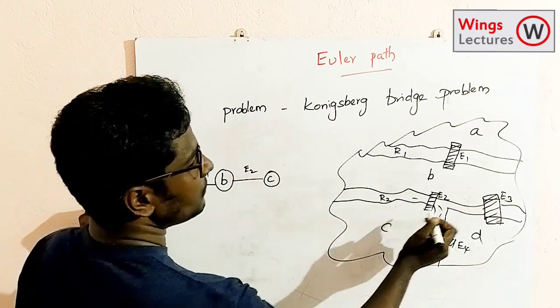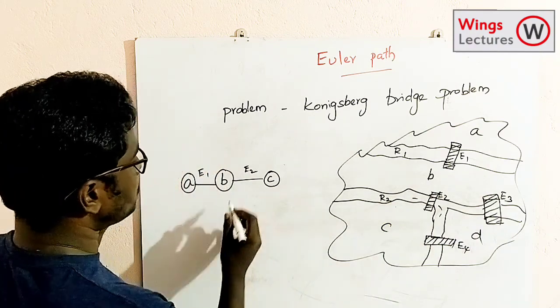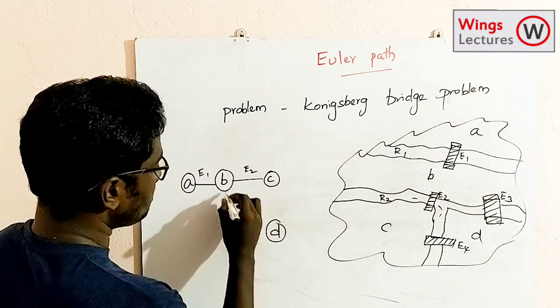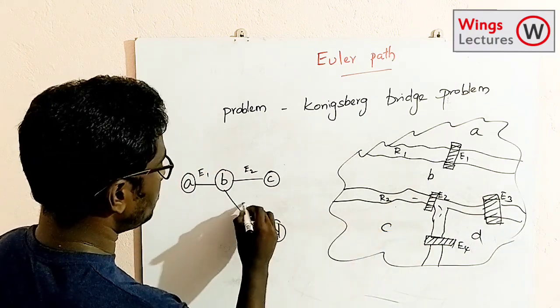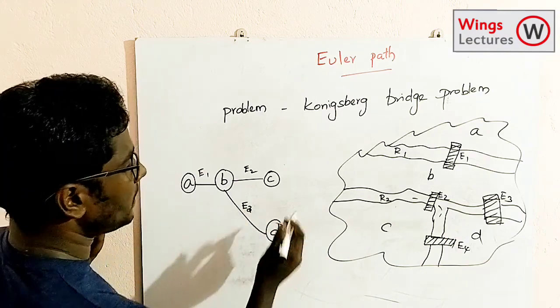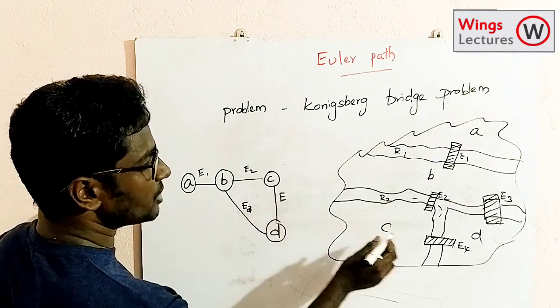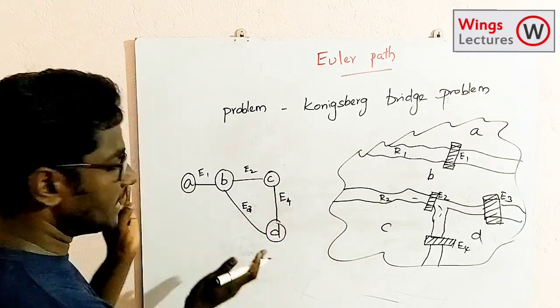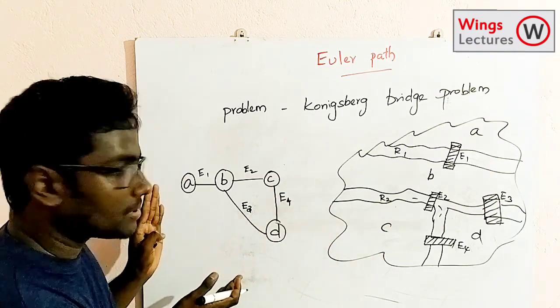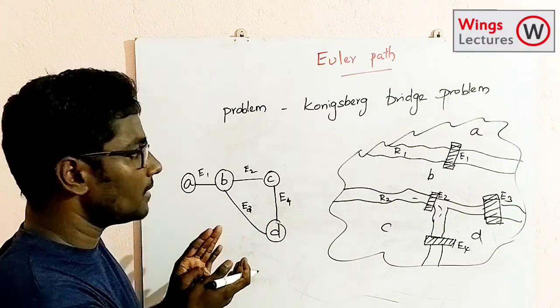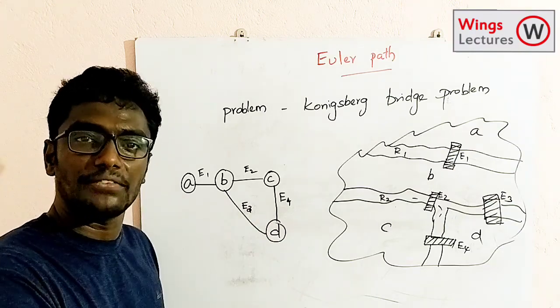After that, from B to D also it's possible, with bridge E3, and from C to D it's possible to reach by using bridge E4, right? So that's the concept. From this we can find out whether an Euler path exists or not.